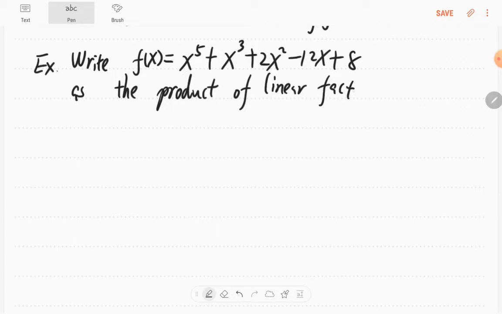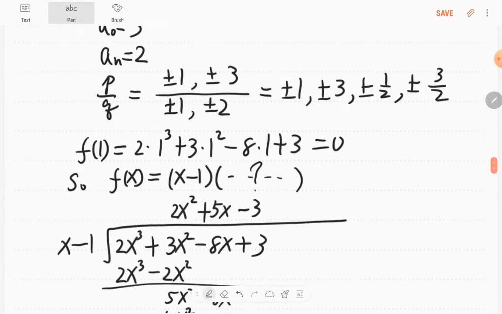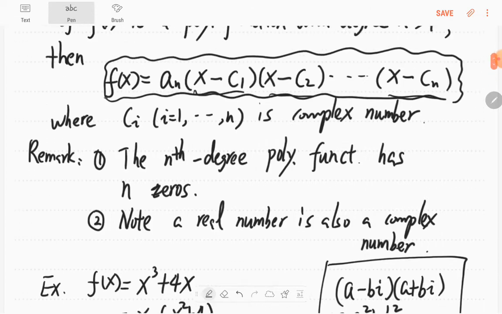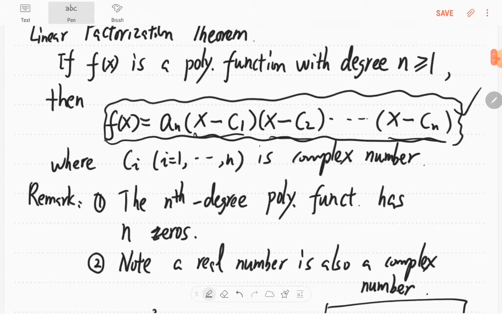In other words, we want to write it in this form. This is called linear factorization.